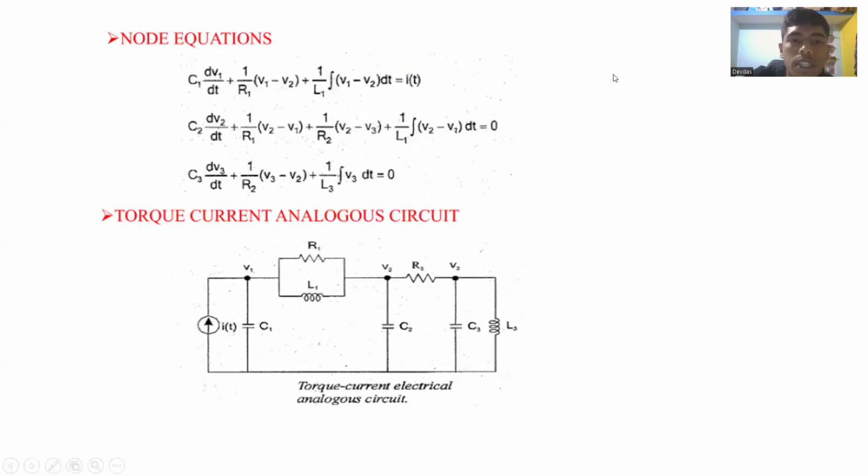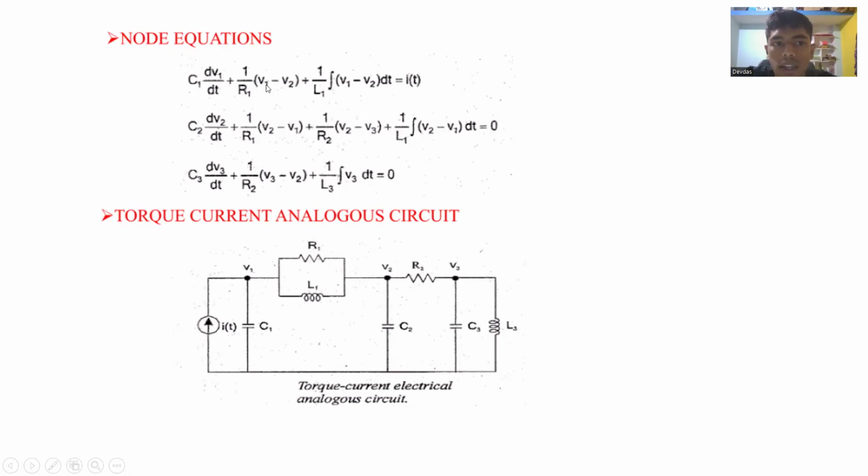Again, you can see that this is what the equation will have, the three equations after the conversions. Similarly, we had d squared theta by dt squared. So d theta by dt is nothing but voltage according to the torque current analogy, and hence we have dv by dt.